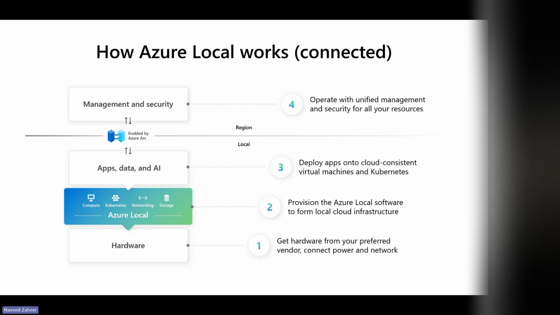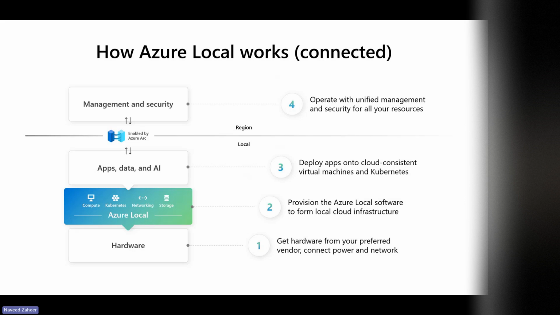So what you do is you have the hardware, either you bought it, or you already have existing hardware, as long as it meets the specifications. The next thing you do is deploy the Azure Local software. Basically, it's the Azure Local software or update, whatever that is, you deploy, and that creates an Azure instance in your local cloud infrastructure.